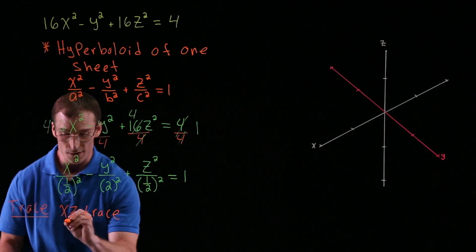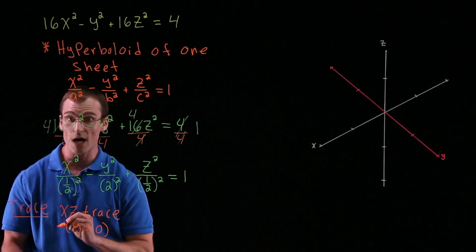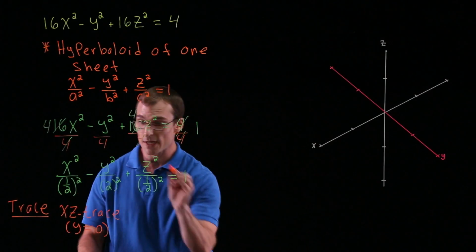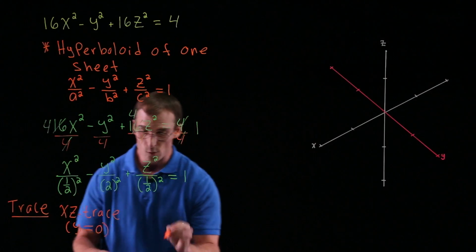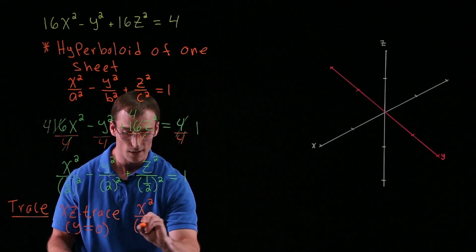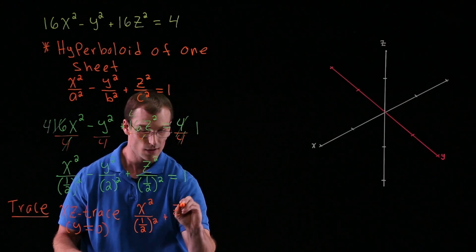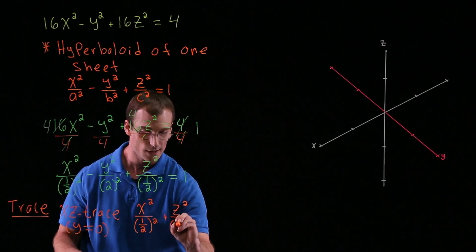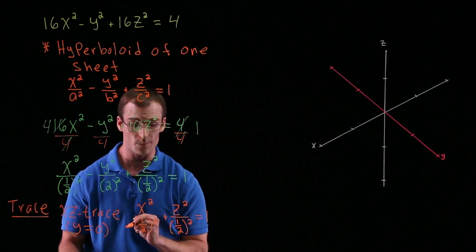With our xz trace, we're going to let y be equal to 0. In this equation, if y is equal to 0, that drops out this term entirely, and we'll be left with x squared over the quantity 1/2 squared plus z squared over our quantity 1/2 squared, and that's equal to 1.